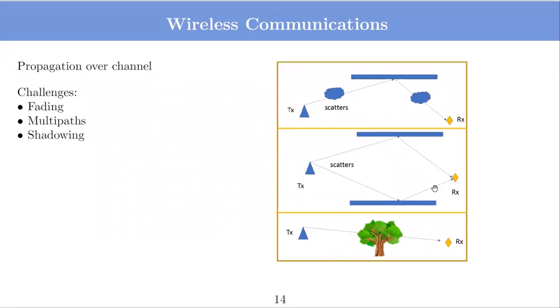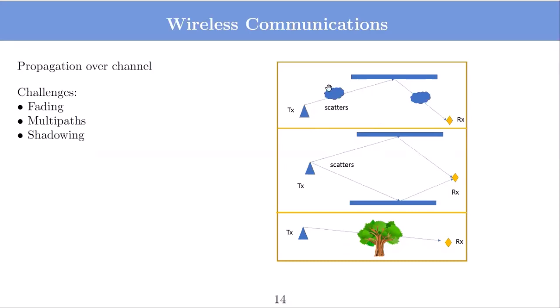The second thing is fading. What happens if you have multiple paths and all these paths have different small components, called scatterers, and when the signal passes through them, they can create random delays and random attenuation. So as a combined effect, you will see a signal which is an attenuated and phase shifted version of the original signal.